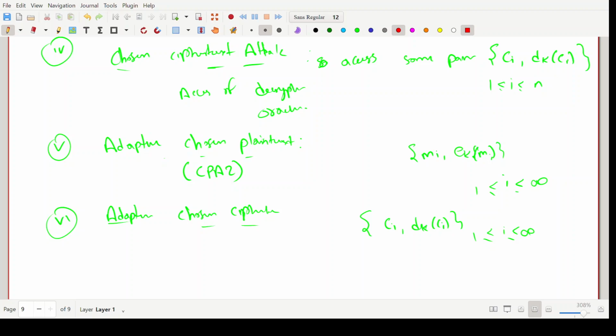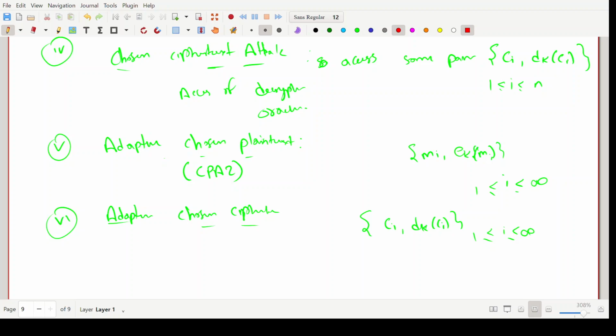But in the case of PKC, that is public key crypto system, the encryption key is always publicly available. So if the encryption key is publicly available, that means he can encrypt any message. So the known plain text attack is of no use here, and the chosen plain text attack is of no use actually.